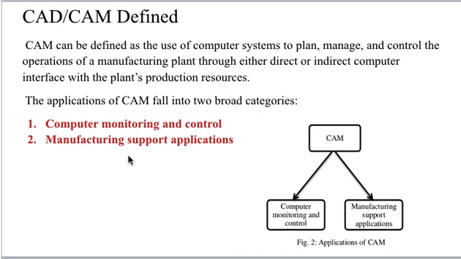Manufacturing support applications are the indirect applications, in which the computer is used to support the production operation in the plant, but there is no direct interface between the computer and the manufacturing process.